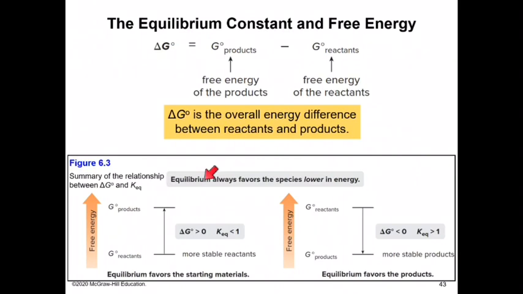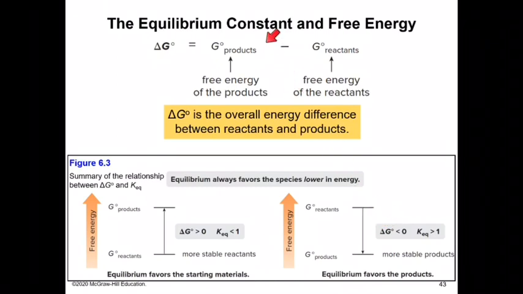So you can see here that the equilibrium will always favor the more stable species, which means lower in energy. And so if the energy of the products is lower than the energy of the reactants, then delta G must be less than 0, as shown here. And so the products are more stable than the reactants, and in that case, the equilibrium will favor the formation of the products.